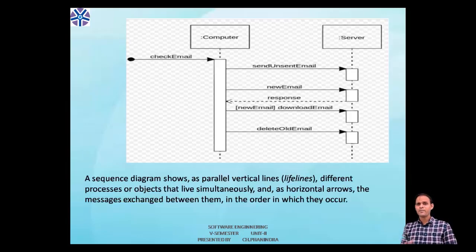See the diagrammatic representation of the sequence diagram. These are some rectangles, showing how information is exchanged from one to another.